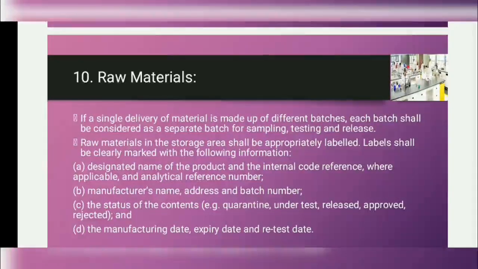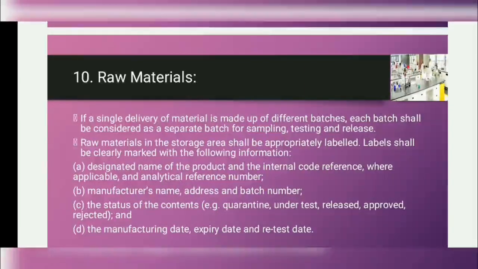The next point is that raw materials in the storage area must be appropriately labeled. We can see from our previous two to three slides that labeling is very important.